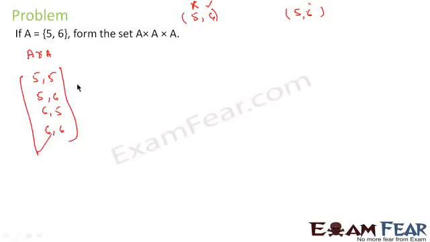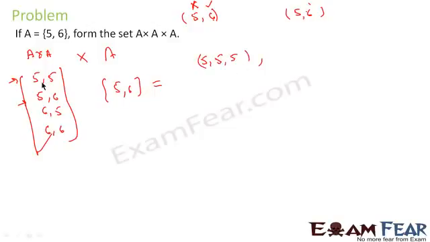In this set, now we want to again multiply A, and the A is 5, 6. Correct? So how will we do it? We will take the first element of this, and then the first element of this, and the second element of this. So we'll take the first element of this, that is 5, 5, and the first element of this set, that is 5, so 5, 5, 5.